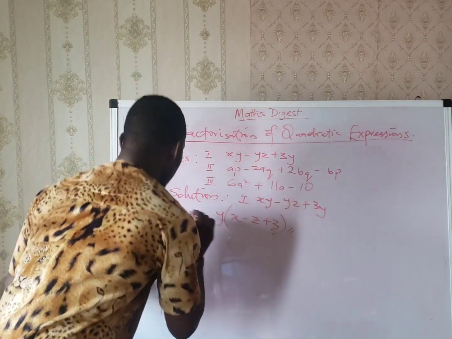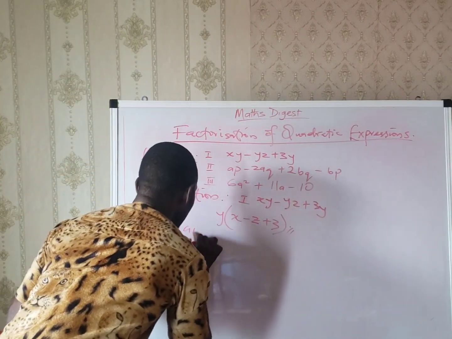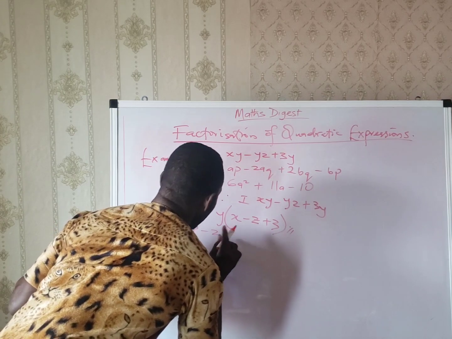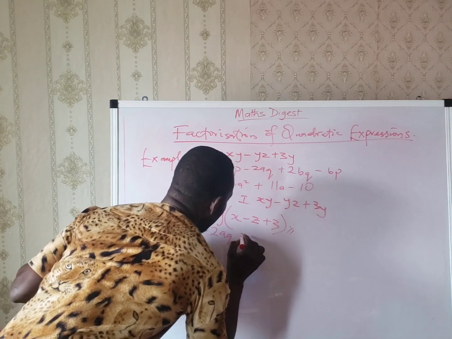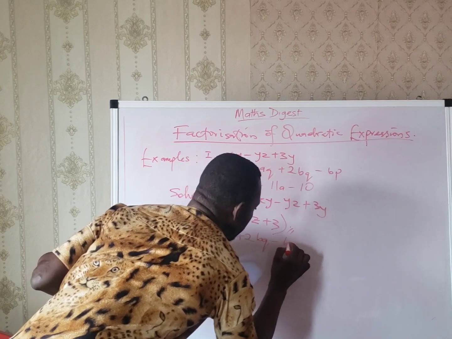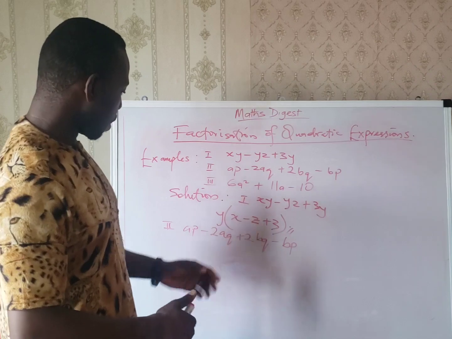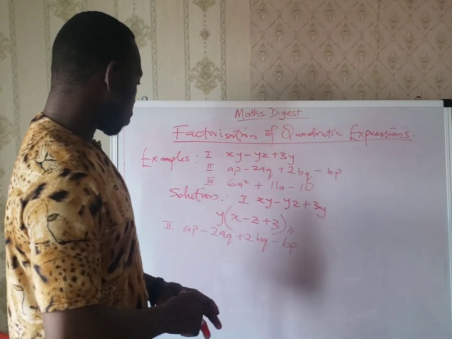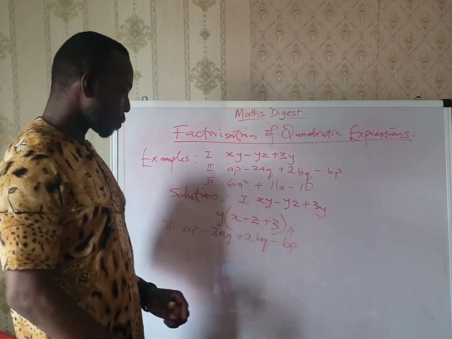Now the second one says AP minus 2AQ plus 2BQ minus BP. I want us to pay attention here.